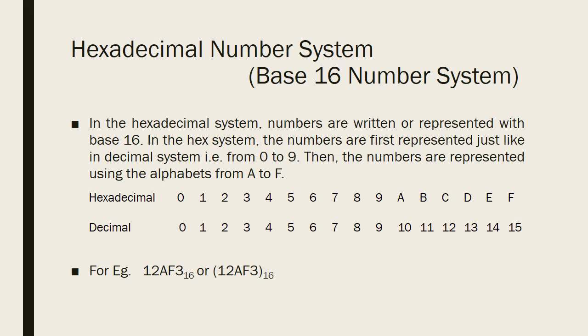And after that we have A, which represents 10, B, which represents 11, C, D, E and F, which represents 15. For example, 12AF3 with base 16, or you can also write it as 12AF3 inside the small brackets, and outside the brackets you write the base 16. Okay?